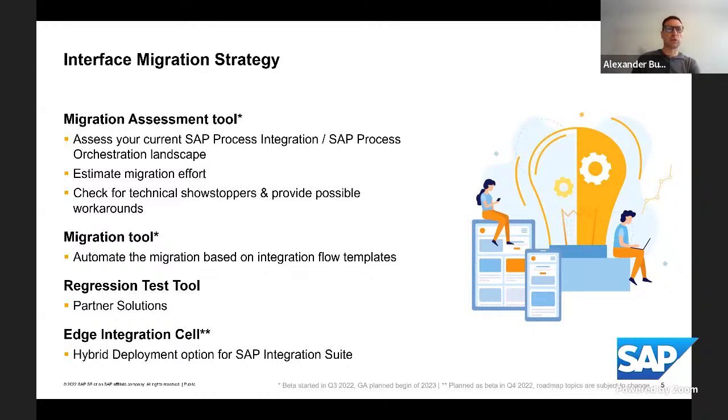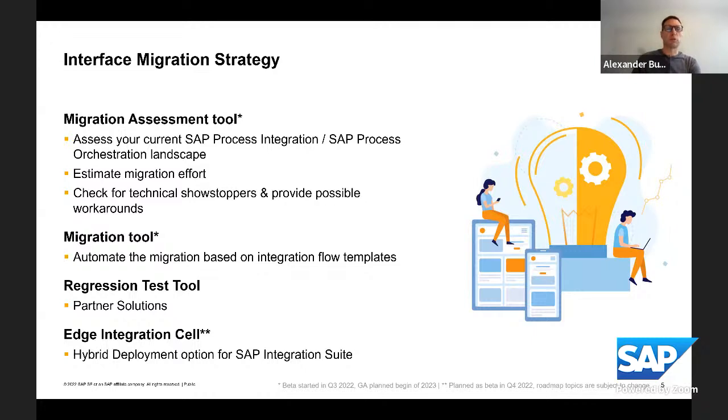And in the migration assessment tool, you would access your existing process integration or process orchestration system and read the information from those systems, so all the scenarios or interfaces, the service interfaces that you have maintained in the enterprise service repository of process orchestration, and all the configuration scenarios that you have configured, whereas we only support integrated configuration objects right now, right?